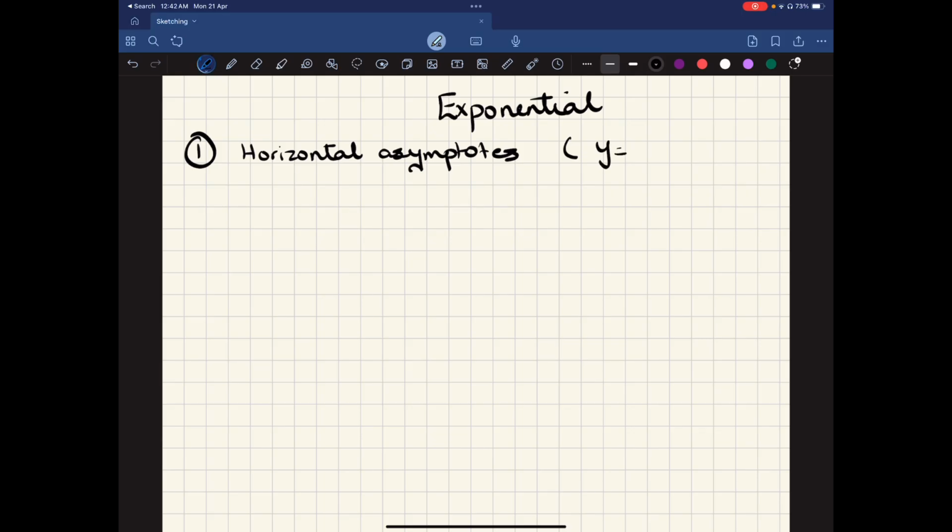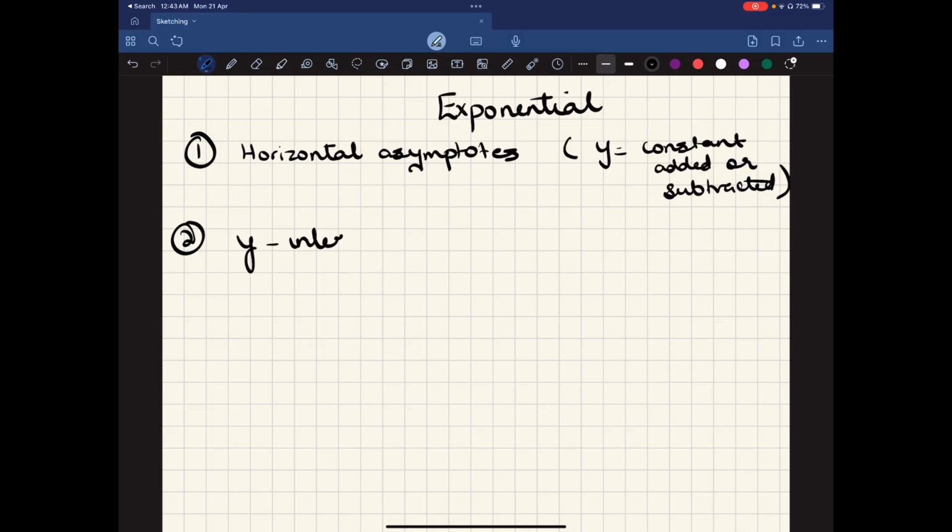It is y equals the constant which is being added or subtracted to the function. Then you're going to find the y-intercept. How are you going to do that? By placing x equals 0 in the function and finding the value of y. And that should be sufficient for you to draw your graph.